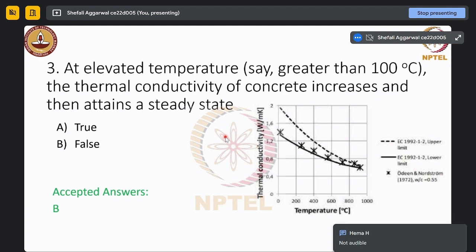Temperature more than 100 degrees. Not audible. Now am I audible?